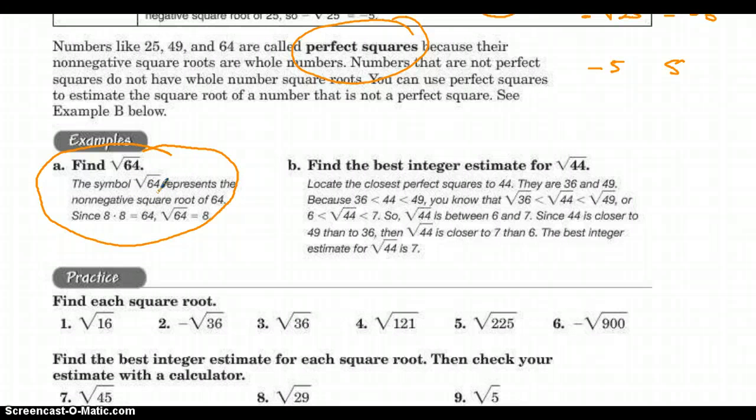Since 8 times 8 is 64, we can say that the principal, or non-negative, square root of 64 is 8. And this one, the square root of 44, is going to be irrational. This is something that we need to know the term for. It is an irrational number, and we will be able to evaluate what those are in just a minute.